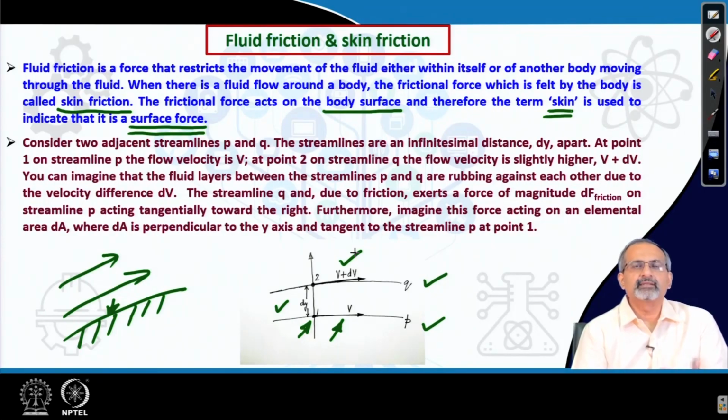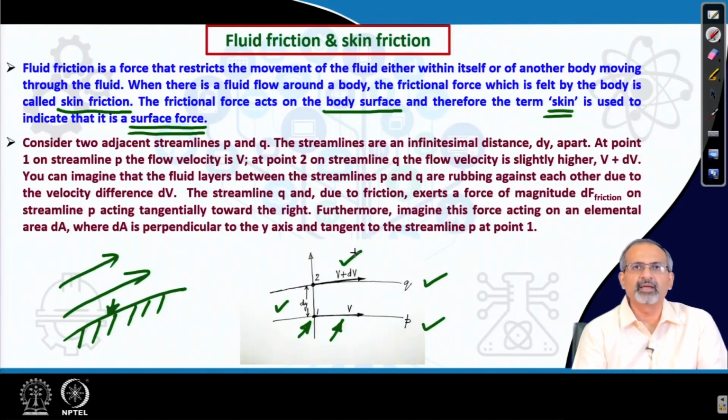Now, you can imagine that the fluid layers between the streamlines P and Q are rubbing against each other due to the velocity difference, and the faster one, the quicker one, is tending to drag the slower one. And due to this friction, there forms a force of magnitude dF subscript friction on streamline P acting tangentially towards the right.